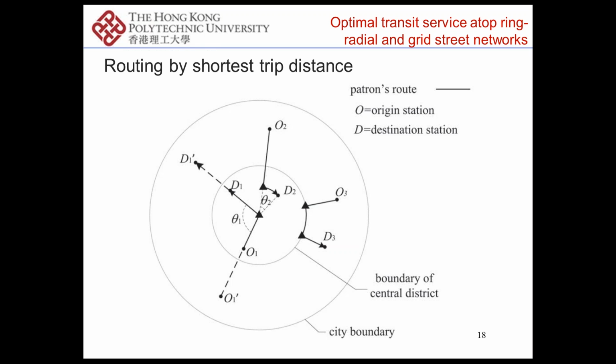So here our major conclusion is that the ring-radial network is better than the grid network for transit only, and this conclusion will not be true for the car network, because for the car network, the ring-radial network will constrain a lot of car flows near the center, and they will be very congested. The congestion will likely happen early and propagate faster than in a grid network.